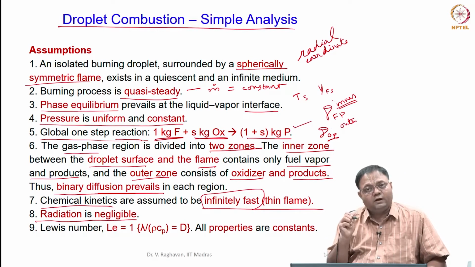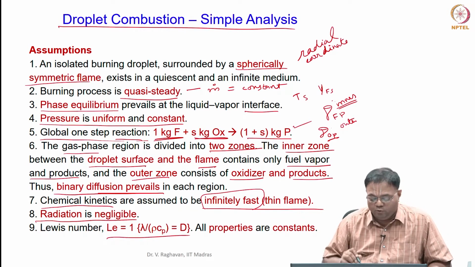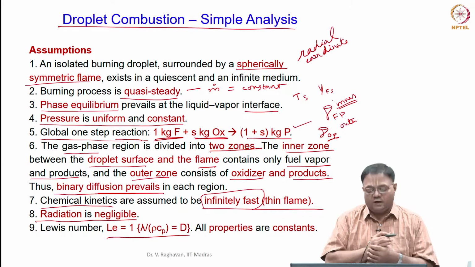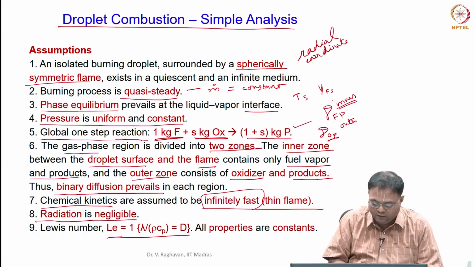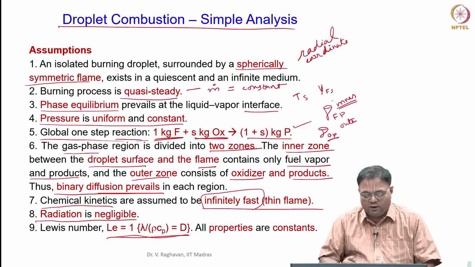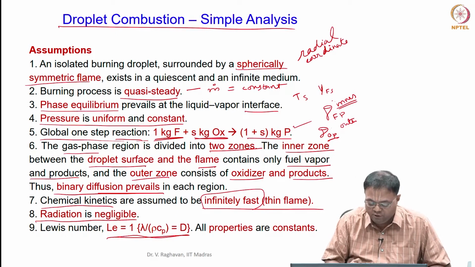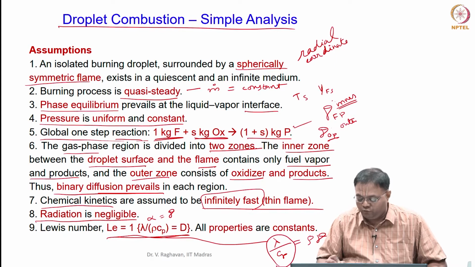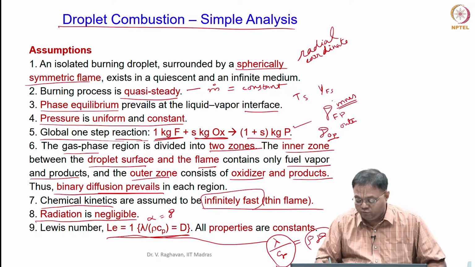Then, what I have not done in the previous case, I am doing here: invoking Lewis number equal to 1, because I would couple the species and the energy transport. To do that, I assume that the transport coefficient alpha is equal to D. We can write this as lambda by Cp equal to rho D. This is the driving force for heat transfer and this is the driving force for mass transfer.